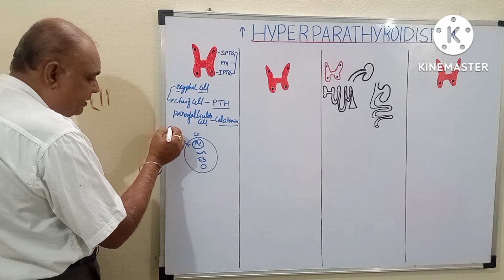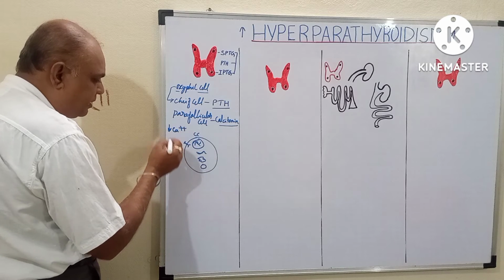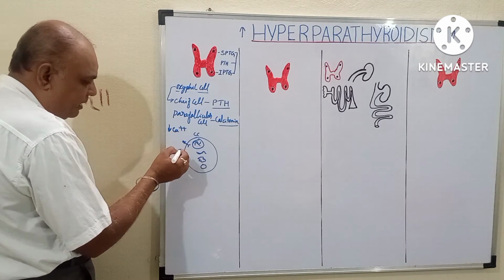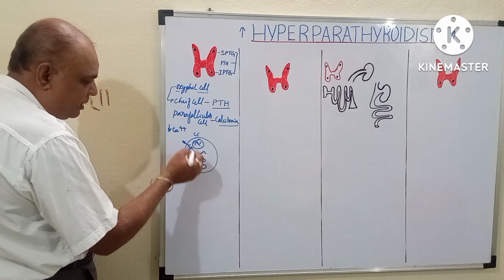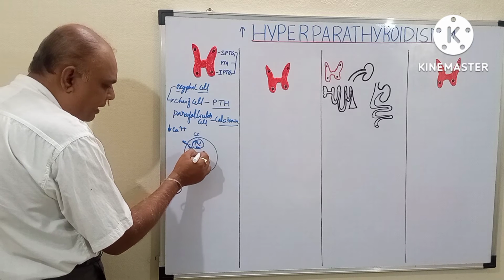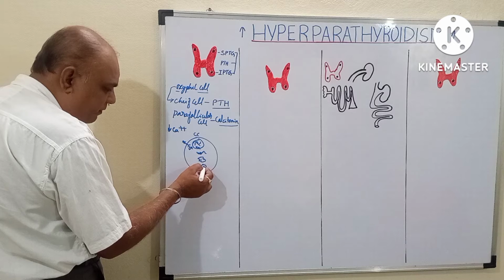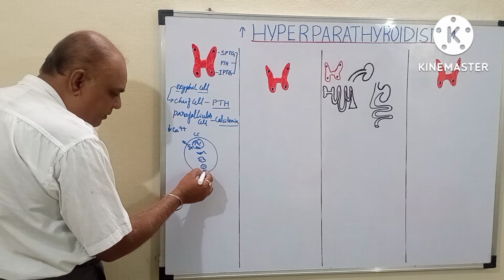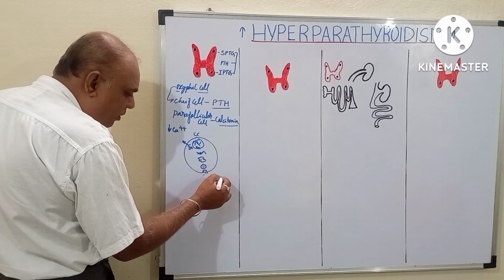Whenever there is a low calcium level in our blood circulation, the calcium sensitive receptor binds with calcium and stimulates the intracellular process, from DNA to mRNA, then to ribosome, then to Golgi, then to vesicle, and from the vesicle into the bloodstream as parathyroid hormone.